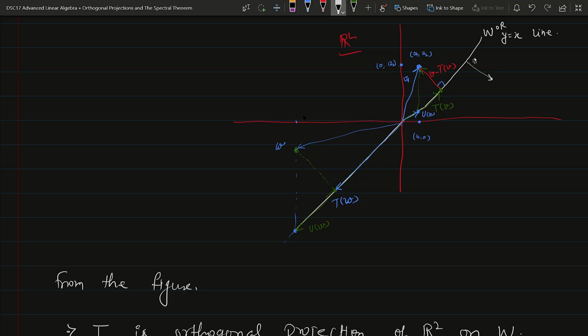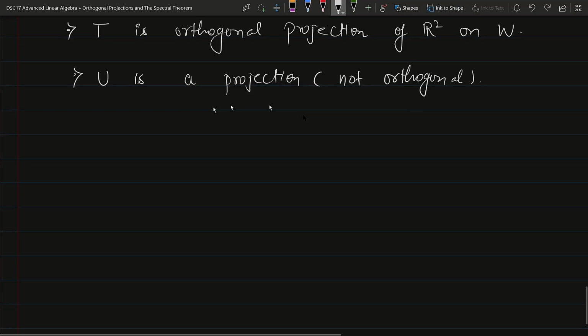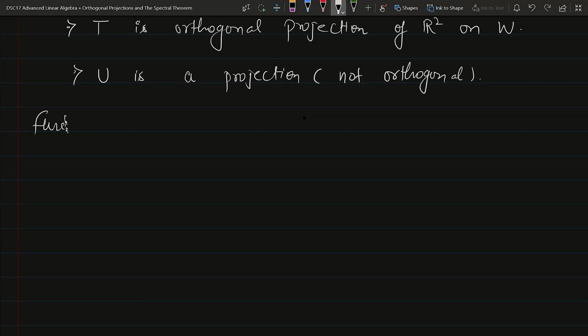Okay, likewise can we conclude the same statement for v minus U w also? The answer is no. Okay, so this is a very important conclusion for an orthogonal and the normal projection. Further, you can see that v minus T of v is always in the orthogonal complement of w, but this v minus U of v is never in w complement.